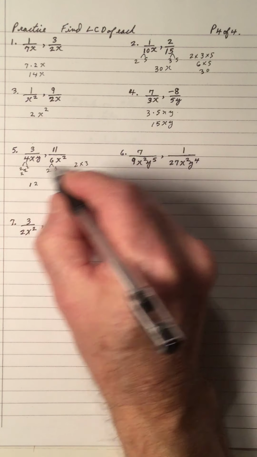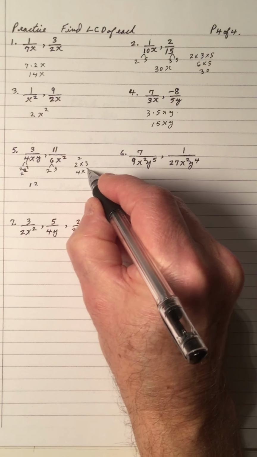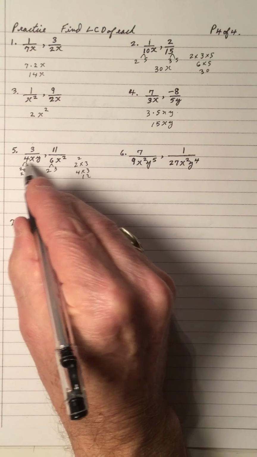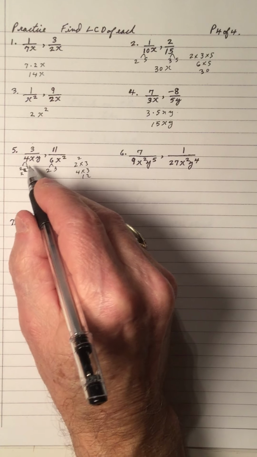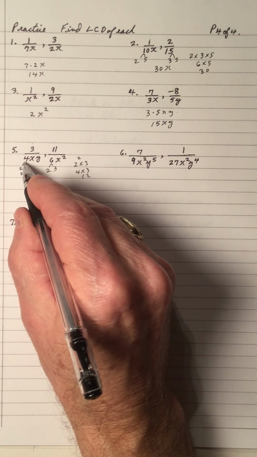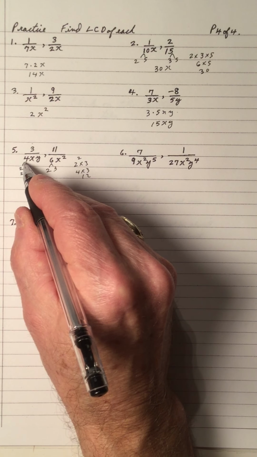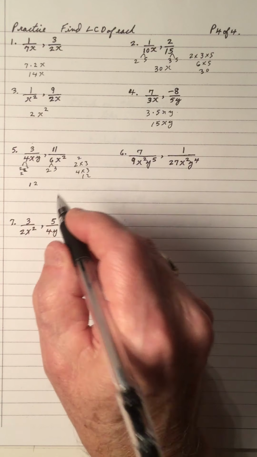The highest power of 2 is 2. So that gives me 4 times 3, 12. If you can see, 4 and 6 have an LCD of 12. So again, think of least common denominator as a multiple. The multiple of 4 that is also a multiple of 6 is 12.